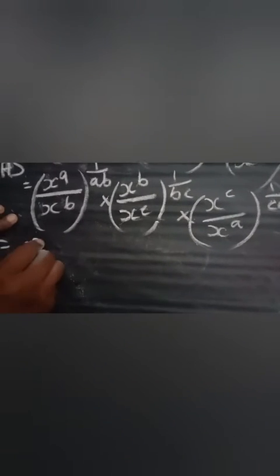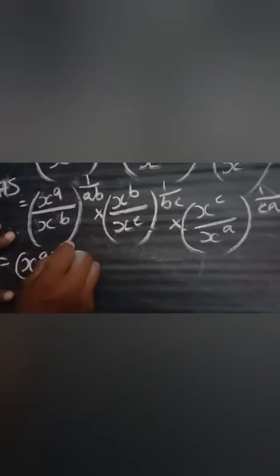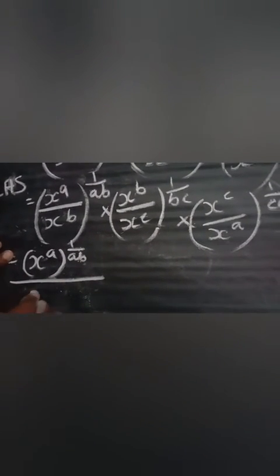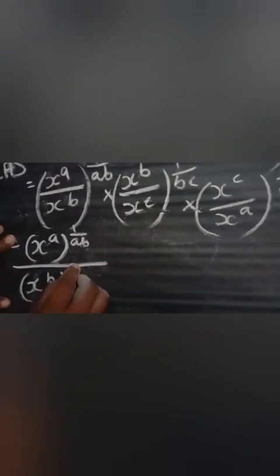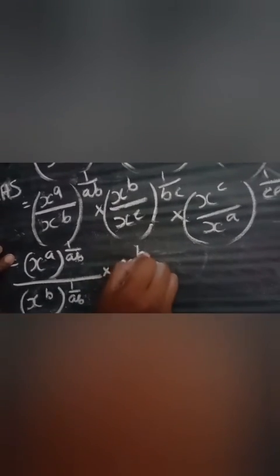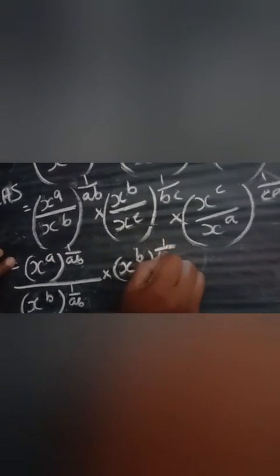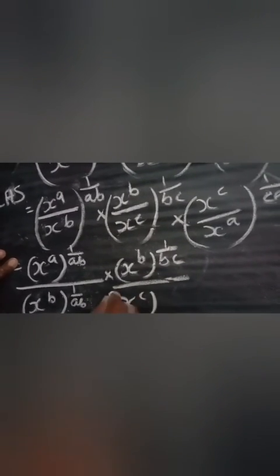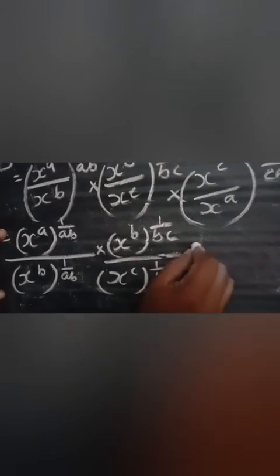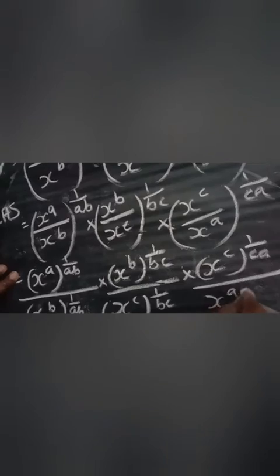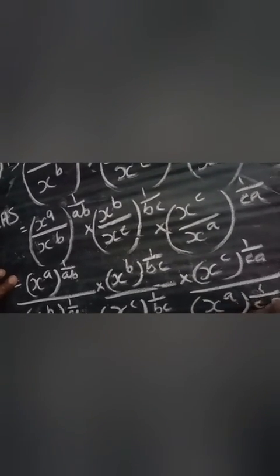That is x raised to a whole raised to 1 by ab, divided by x raised to b whole raised to 1 by ab, into, next, x raised to b whole raised to 1 by bc by x raised to c raised to 1 by bc, into x raised to c whole raised to 1 by ca by x raised to a whole raised to 1 by ca.